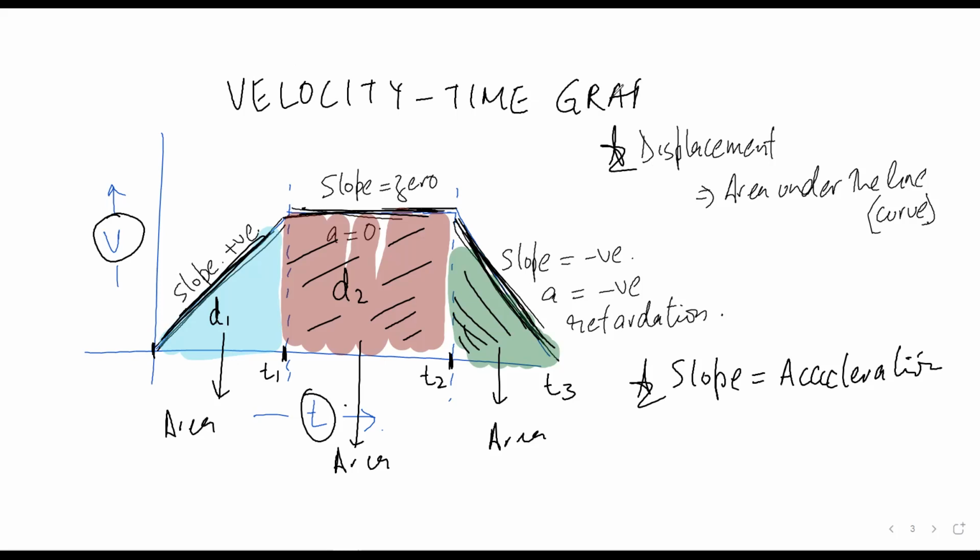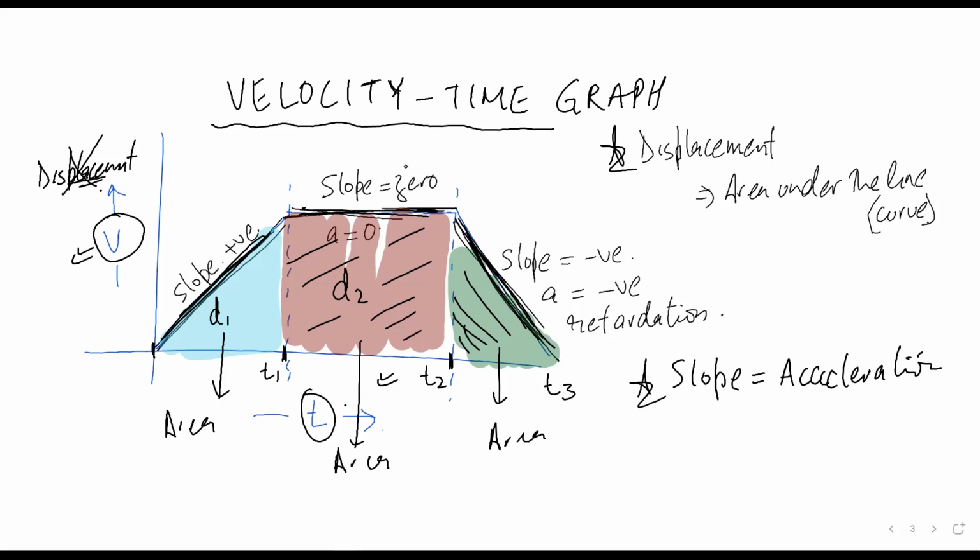So you need to check what they have mentioned on the axis. This should be velocity and this should be time, because if this is displacement, then this won't be true. So look at the axis of the graph very carefully.